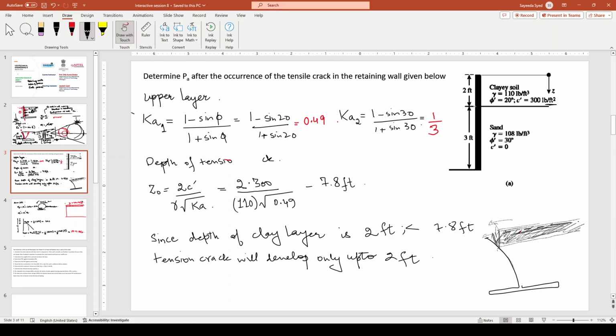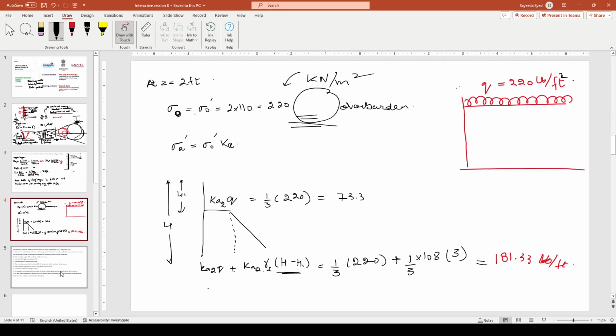Okay, so because this value was lower than the depth of the tensile crack, the whole of the clay layer will not take part in providing this pressure here, because of detachment from the whole body. Okay, so that is it for this question.